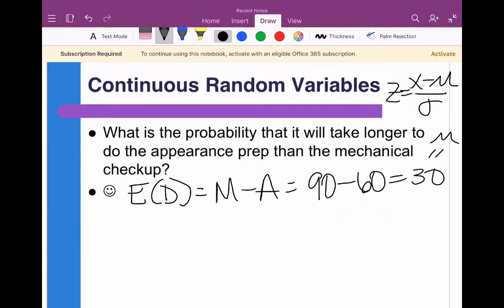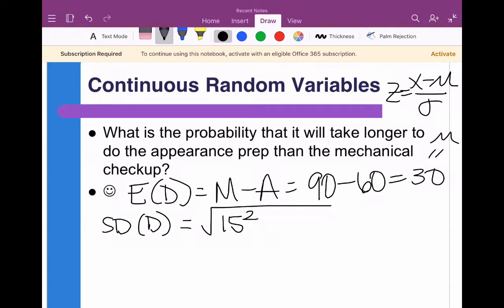To find the standard deviation, the standard deviation of the difference ends up equaling the square root, because we have to go back to our variance. The standard deviation of the mechanical time was 15 minutes, and that has to be squared to get to the variance.